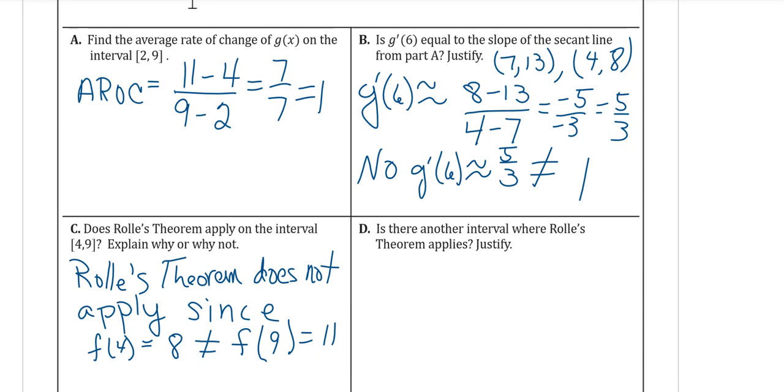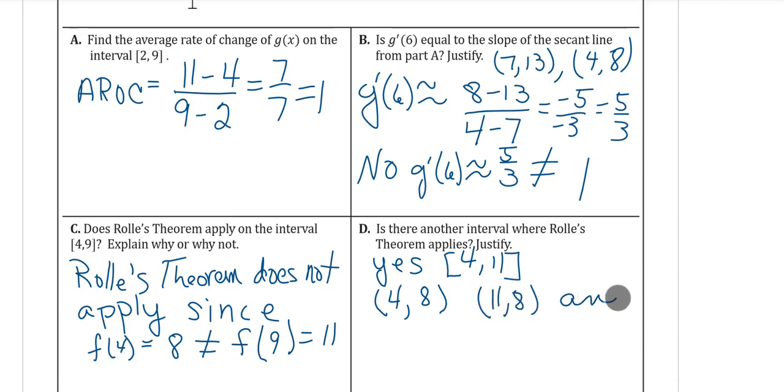Okay? Is there another interval where Rolle's theorem applies, justify. So you can say yes if you look at the interval 4 to 11. At x equals 4, we have this point (4, 8), and at 11, we have (11, 8).